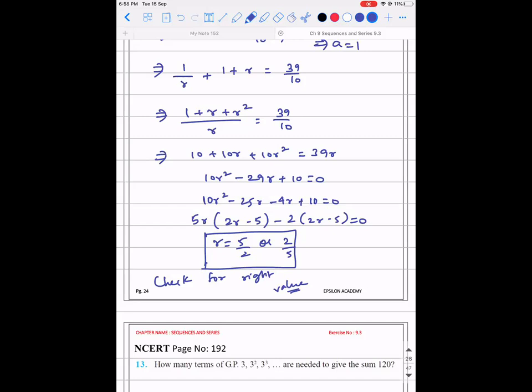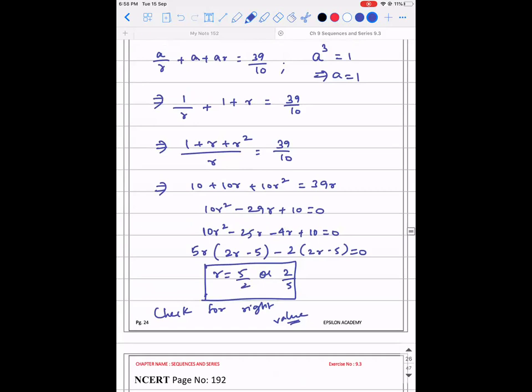So in this problem, we are getting R is equal to 5 by 2 or 2 by 5. So we need to check for the right value.